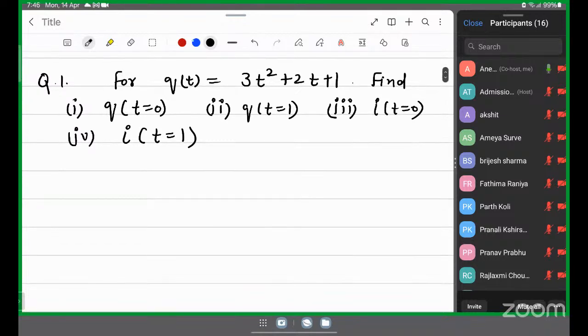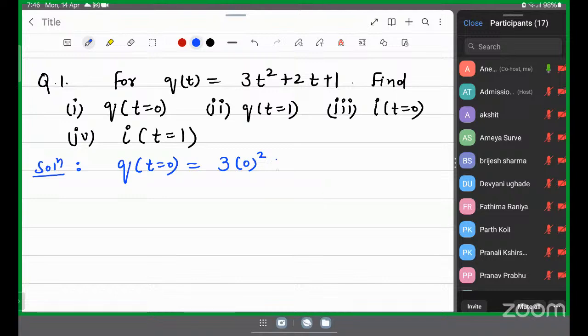So in this type of question, we have charge as a function of time, and we want to have current I as a function of time. But before that, if I want to have the amount of charge at time t equals to 0, how will you solve it? Put the value of t into the expression.